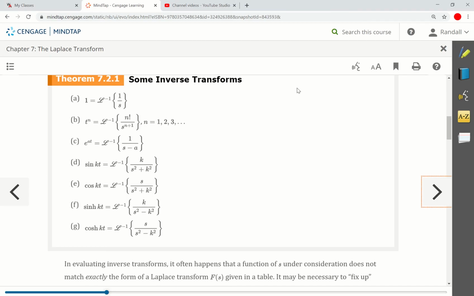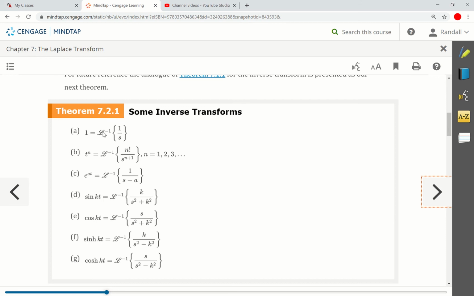We do have a table. Theorem 7.21 gives us the inverse Laplace transforms of some very popular functions of s. For example, the inverse Laplace transform of 1 over s is equal to 1. The inverse Laplace transform of n factorial divided by s to the n plus 1 is equal to t to the n.